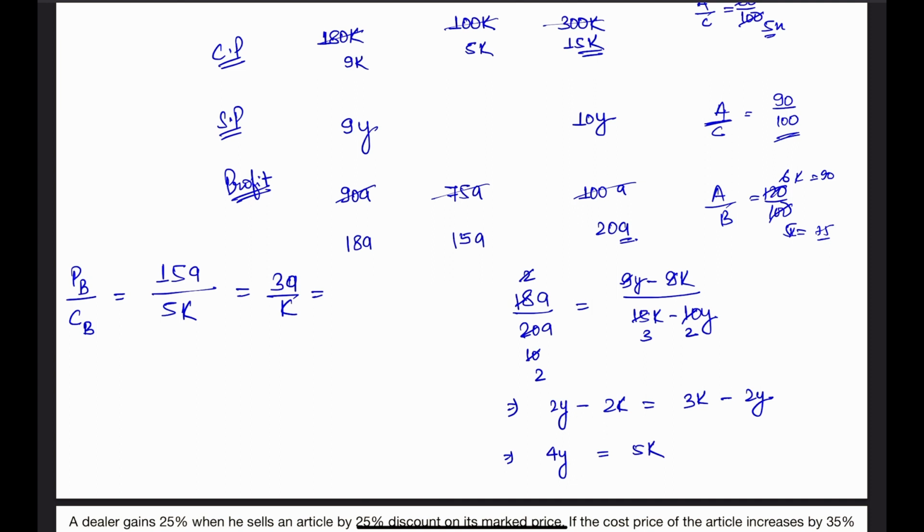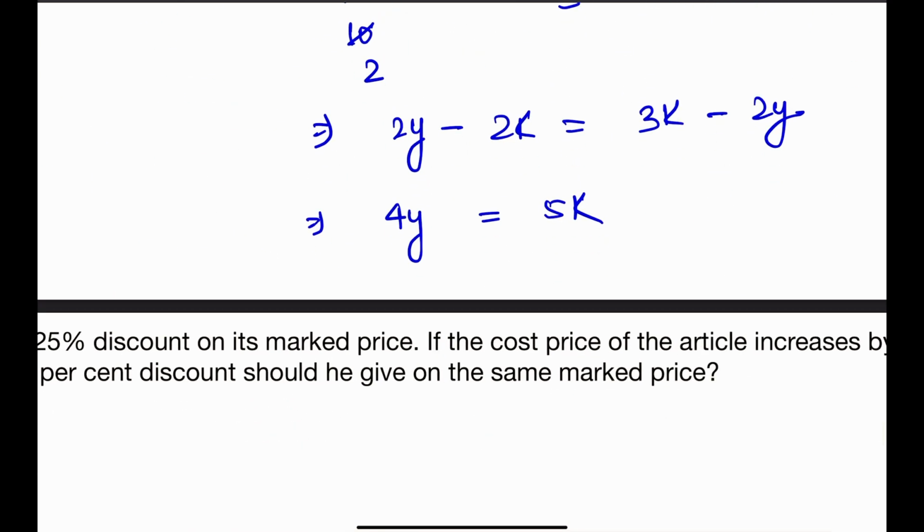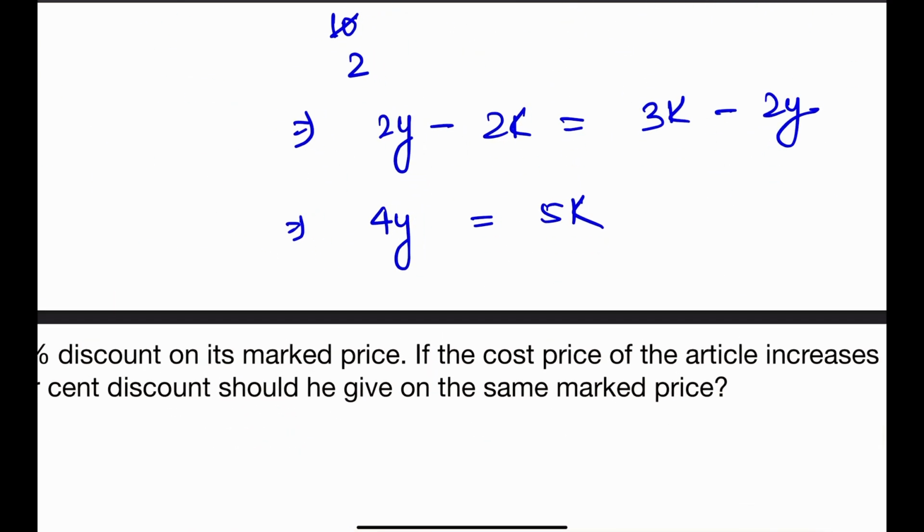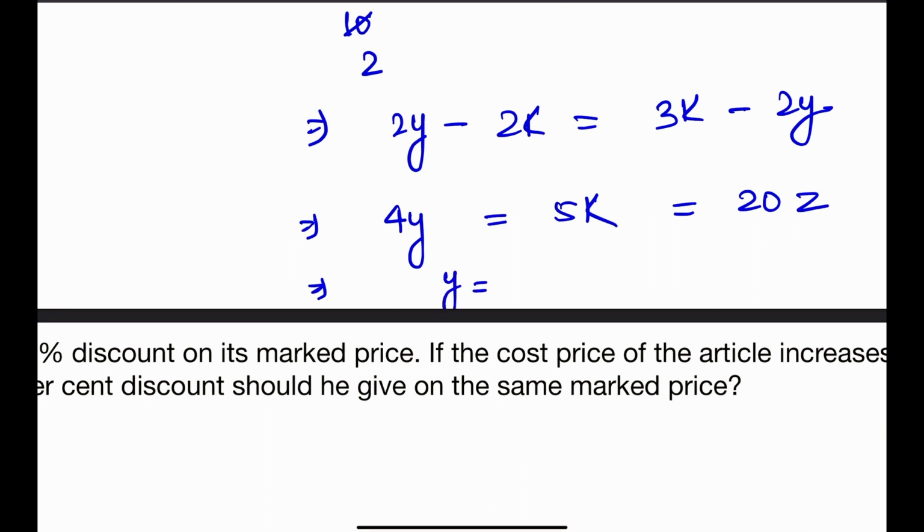Okay, that also we can find out. So let's find out the value of y. Let's take this 20z. Okay, 20z. So my y will be 5z and my k will be 4z.